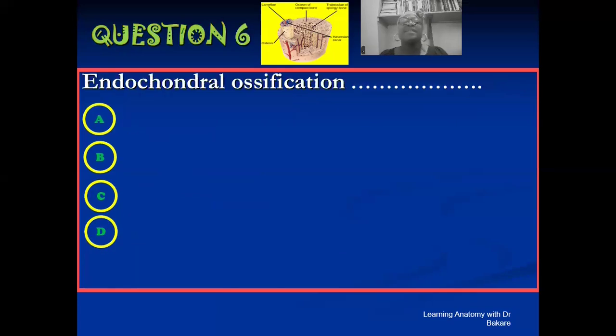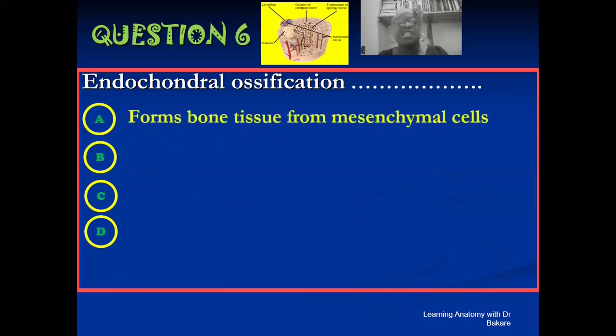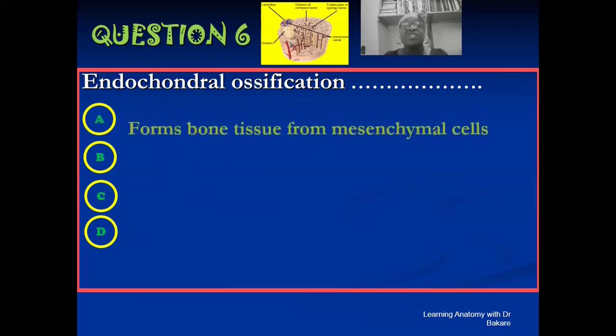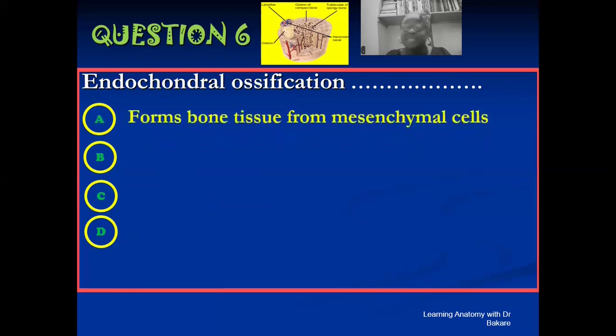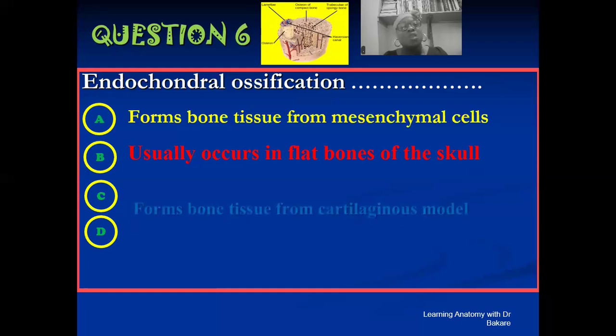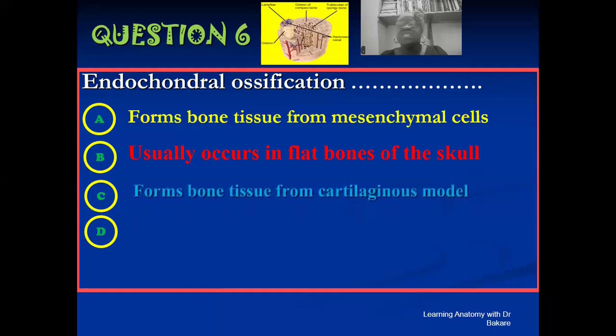The sixth question here reads: endochondral ossification is dash. Is endochondral ossification seen to form bone tissue from mesenchymal cells? Is endochondral ossification usually seen to occur in flat bones of the skull? Is it seen to form bone tissue from a cartilaginous model? Or is it the same process as intramembranous ossification?